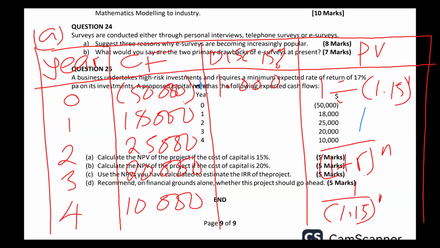What is the discounting factor? It gives us 0.8695652217. It ends on 7.